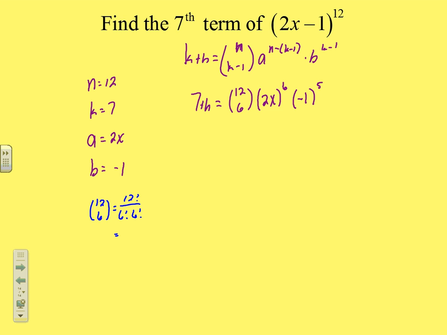And that will give me essentially 12, 11, 10, 9, 8, 7, and then 6 factorial over 6, 5, 4, 3, 2, 1, 6 factorial, and those simplify. So typing that out, all of it simplifies to simply be 924 combinations.